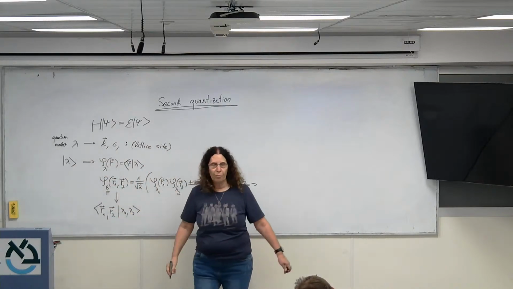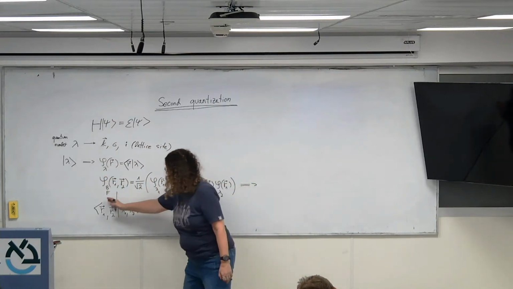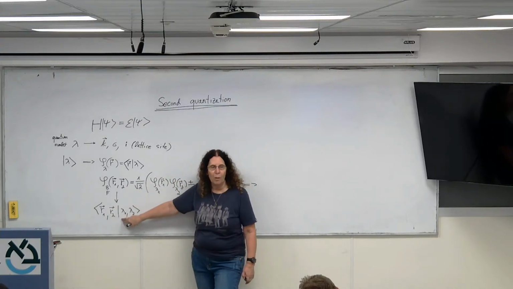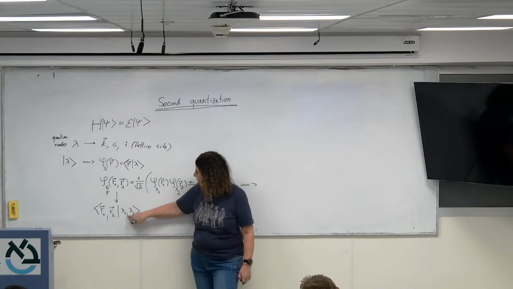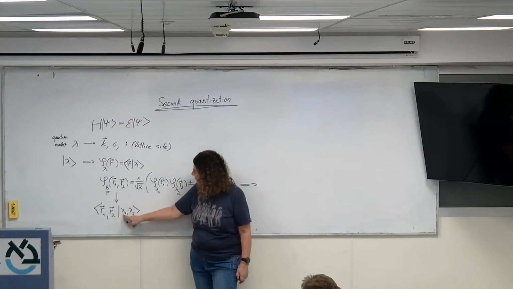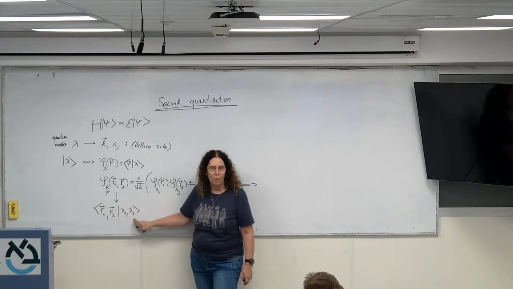This is a real space representation of a state that I denote as lambda 1, lambda 2, where the order means that particle 1 is at lambda 1 and particle 2 is at lambda 2.